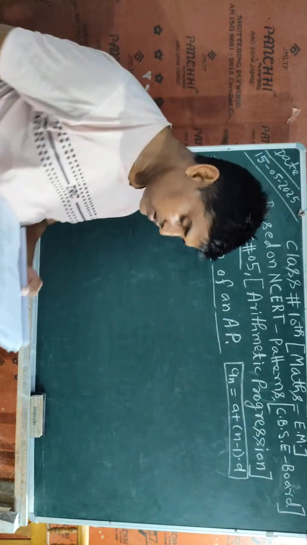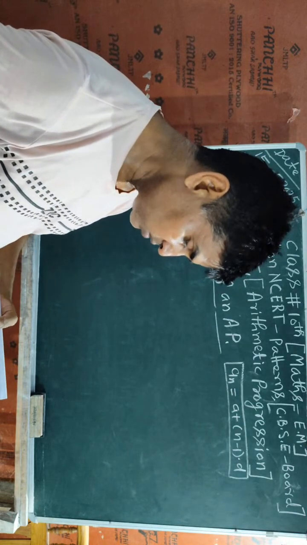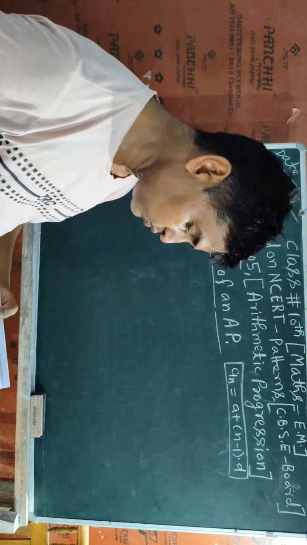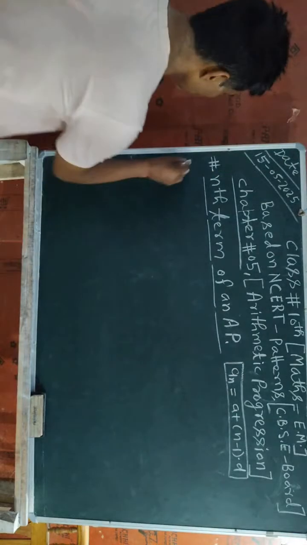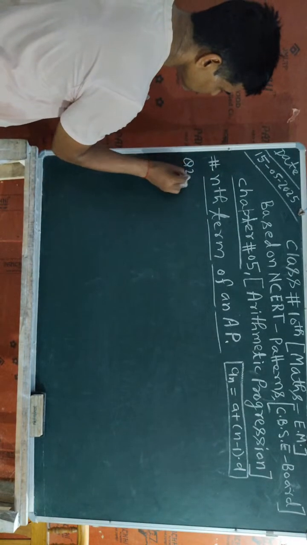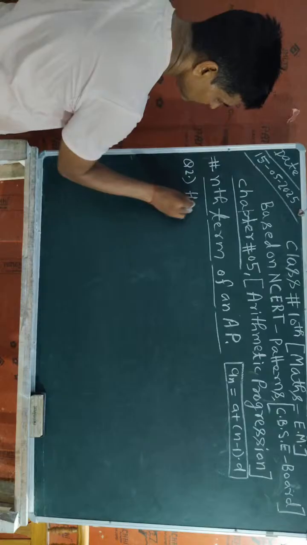You concentrate here. So for the next question I am going to take from the textbook, that is written: how many numbers. Now here I am going to write question number 2.